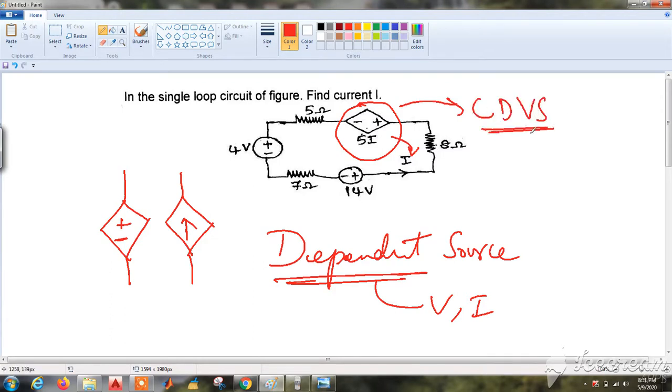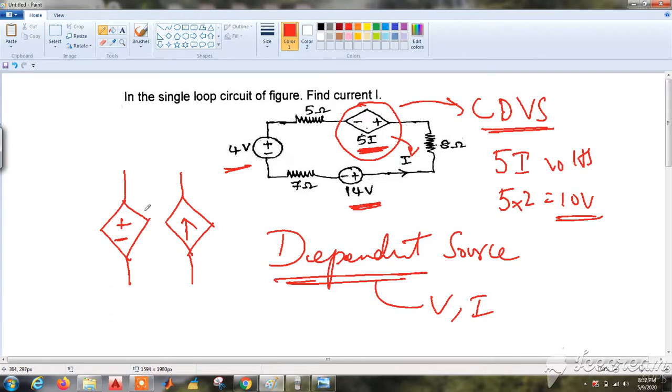So this is a current dependent voltage source. Ultimately it's a voltage source. We have to consider it as a simple voltage source whose value is 5i volts. For example, if I take I equal to 2 amperes, what will be the value of the voltage source? 5 into 2, that is 10 volts. Like any other source, for example this is 4 volts, this is 14 volts, this is also 5i volts.